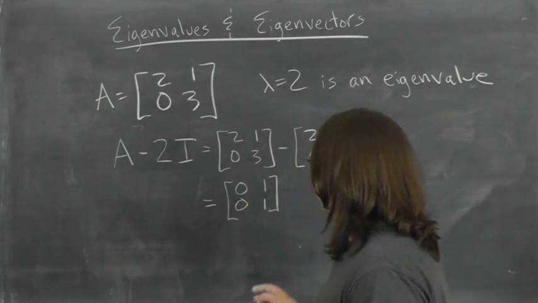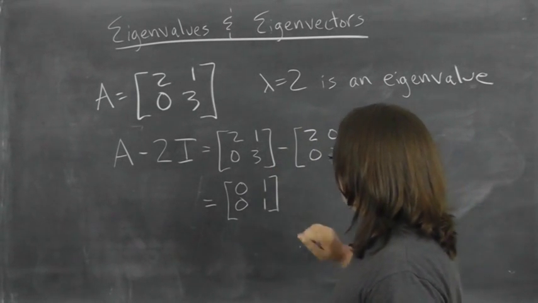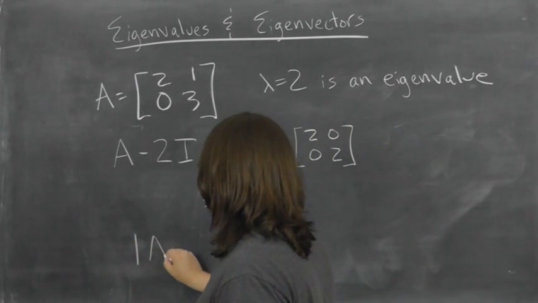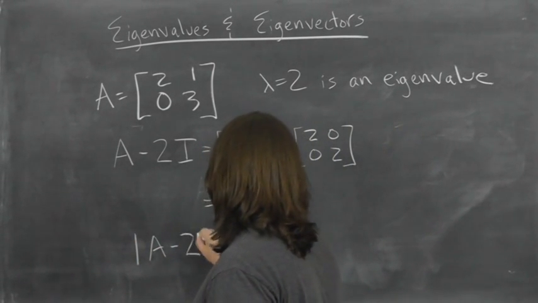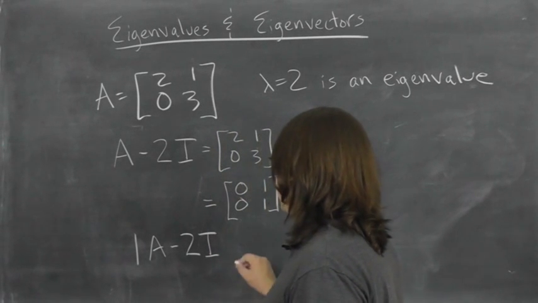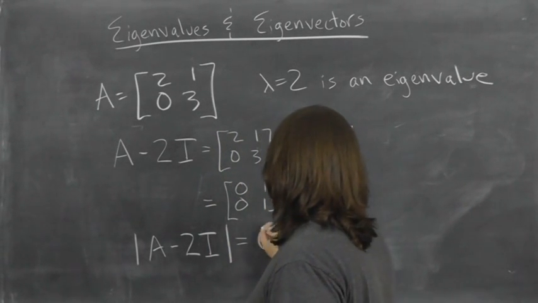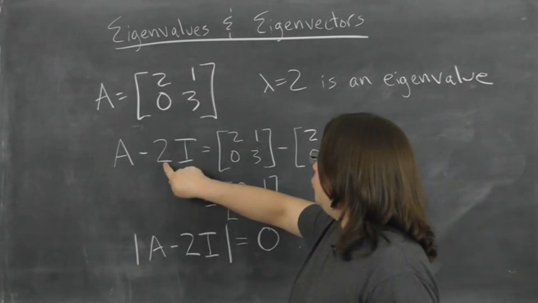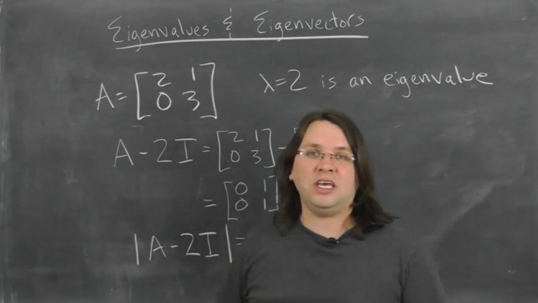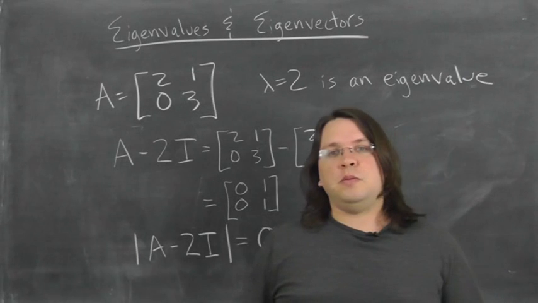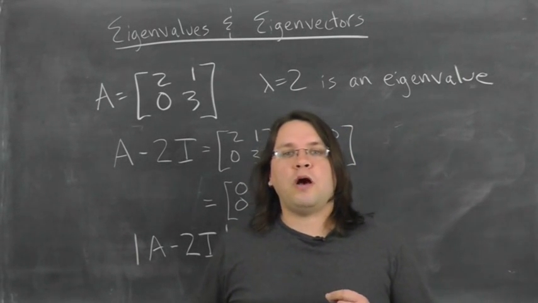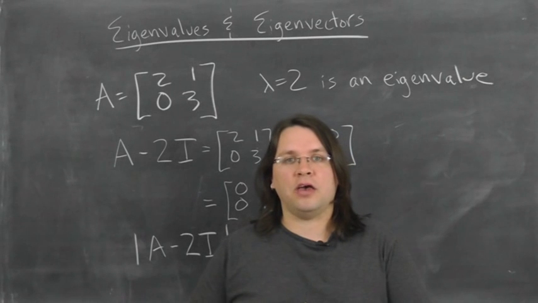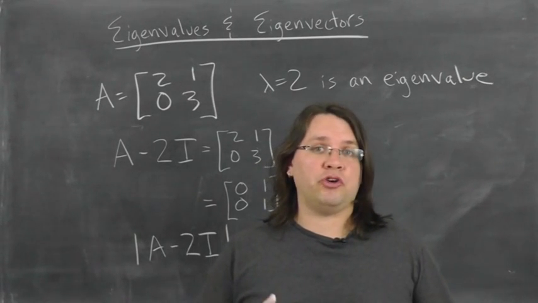Or in other words, another way to say what kind of property this has is to say that the determinant of A minus 2 times the identity matrix is equal to 0. So once we subtract off twice the identity matrix, we get a singular matrix. That's going to be very important when we go about thinking, how do we find what eigenvalues a matrix has and what eigenvectors go with it?